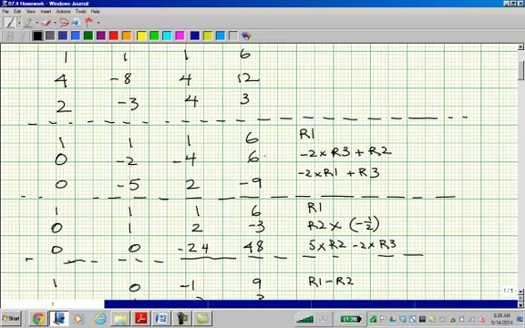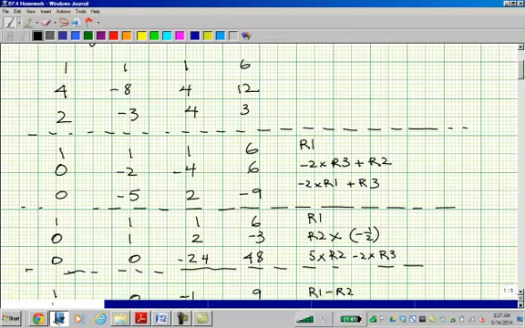Yeah, okay, so I took this R2 and divided it by negative 1/2. Okay, so I took this row and divided by negative 1/2. That gives me this row here. And finally, I took 5 times R2 minus 2 R1, and that gives me this row right here. Okay, moving on.